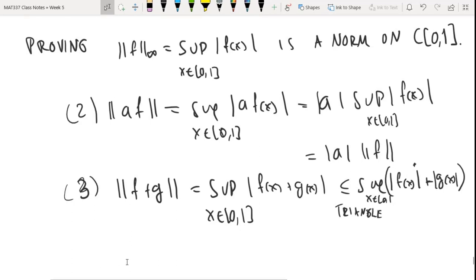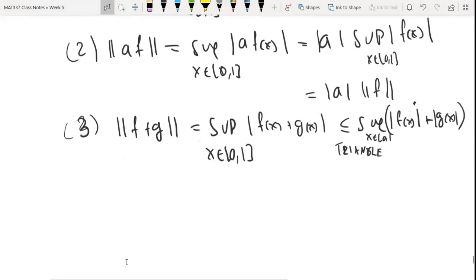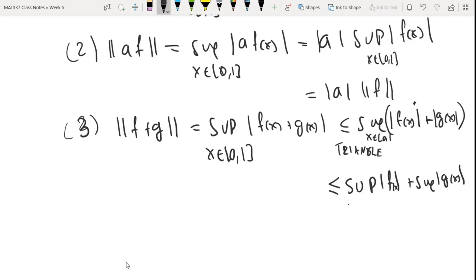And then I'll leave this to you. I think it's clear. Use that, which I think you kind of did in your homework. Use that this supremum is subadditive. In this case, it would be equality. Actually, no, it's not that clear.